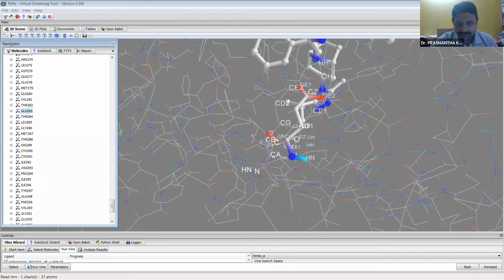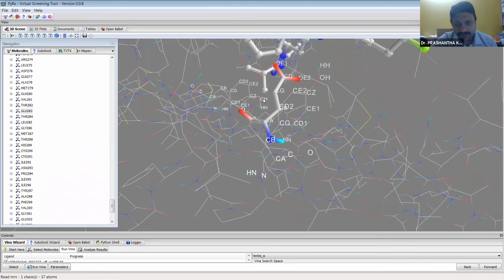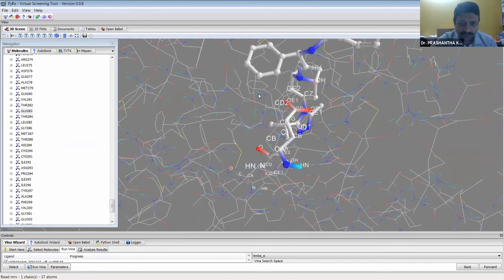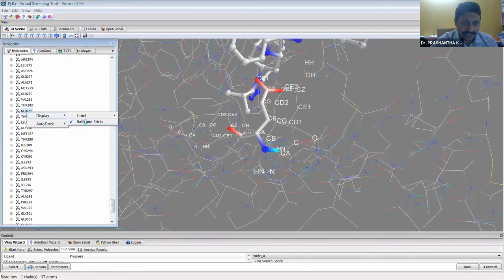That's the advantage with the commercial version. Otherwise we can also work, but it is just showing with the ball and stick now, which makes it easy to see other amino acids. I will deselect so that my page remains the same as whatever you are working on. Other amino acids quickly.